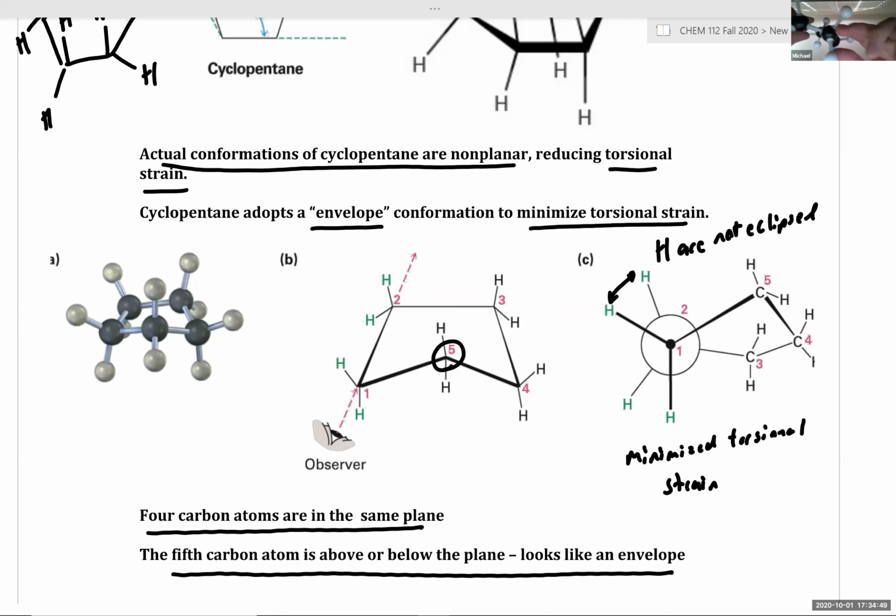If we look down our carbon-carbon bond, do we have a lot of torsional strain now? They're almost eclipsed, exactly right. So this puckering is really important. You should make sure to draw your cyclic systems with this three-dimensional shape, with this puckering in mind. Really important.